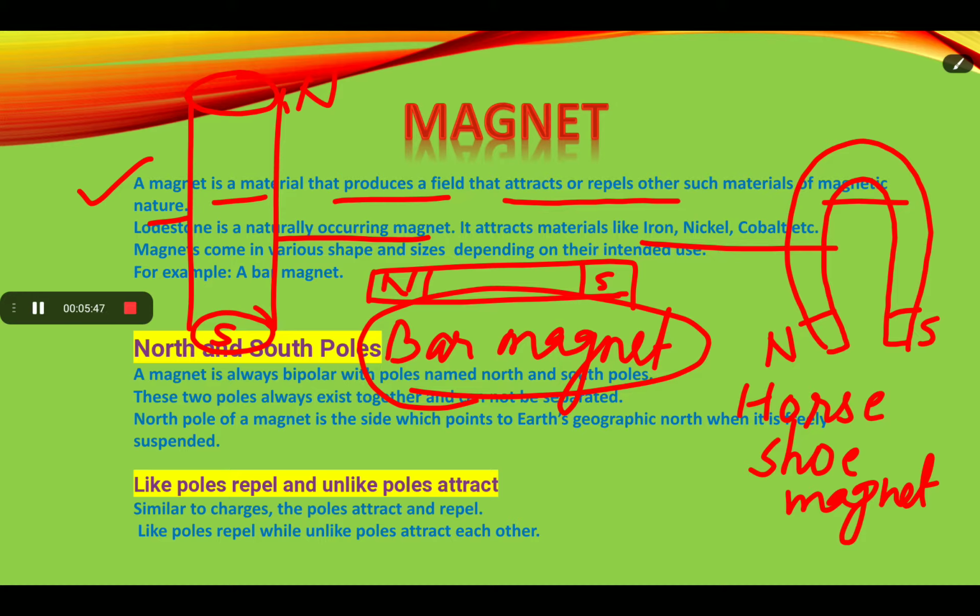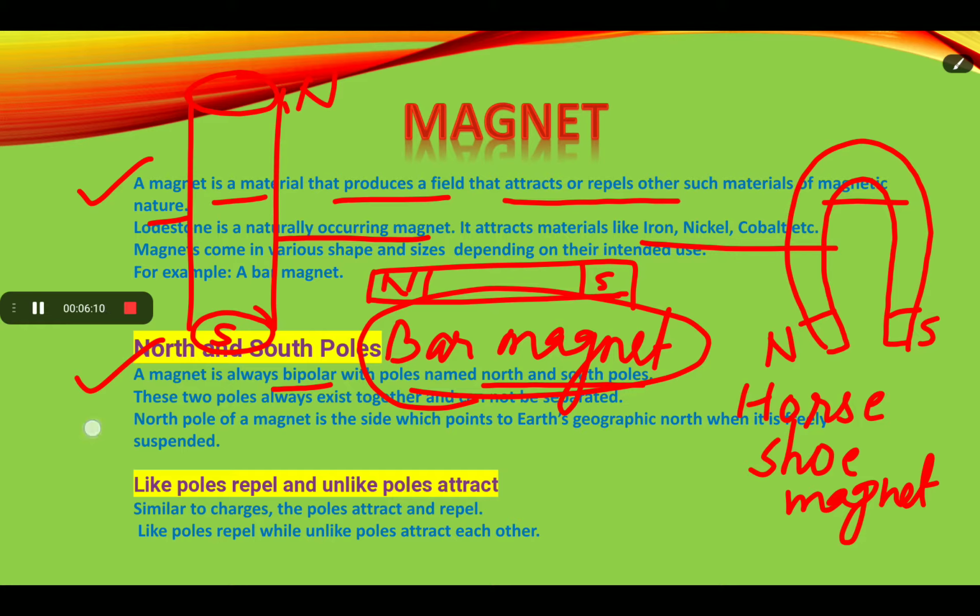Now, the next topic is North and South Pole. A magnet is always bipolar, which means it always has a North Pole as well as a South Pole, and these two poles always exist together. They can never be separated.